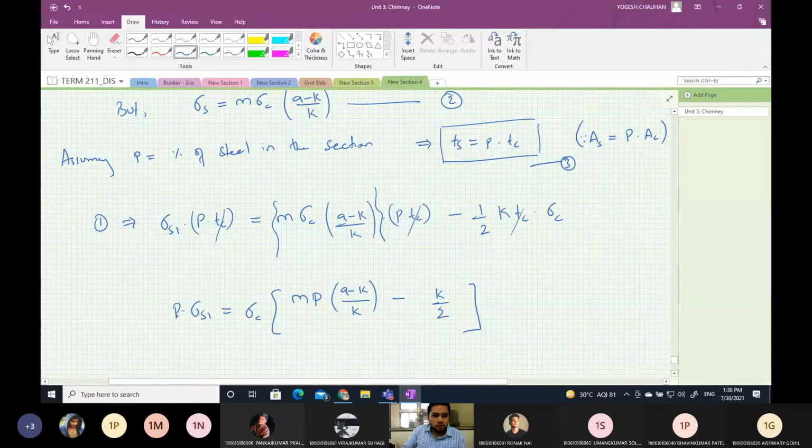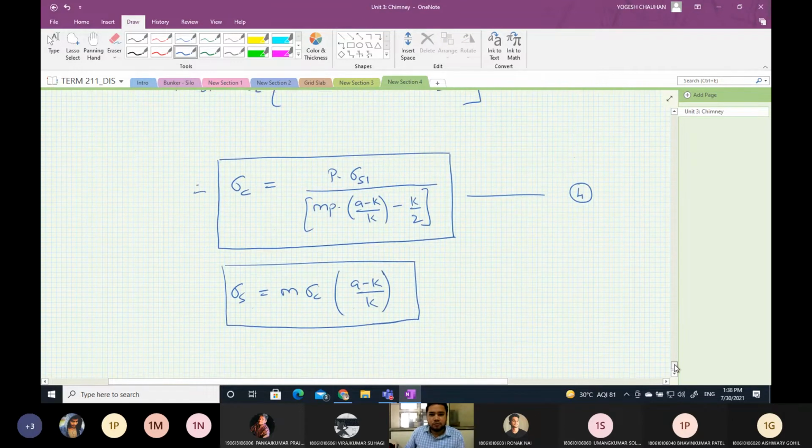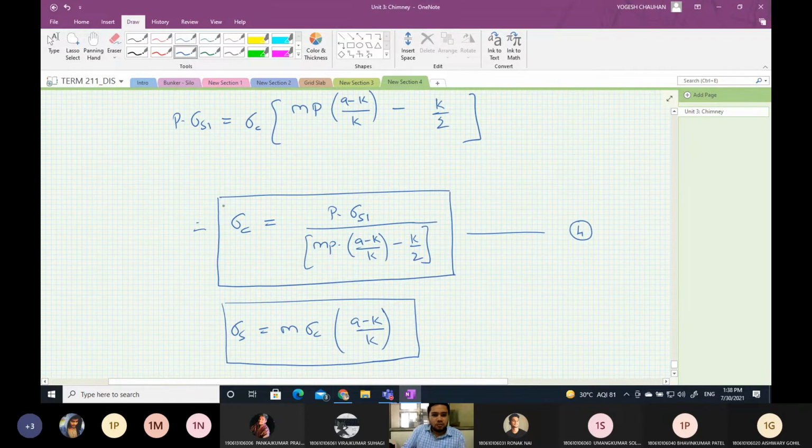Okay, so we cancel the terms containing Tc on both the sides. So we'll have P times sigma S1 equals to sigma C MP A minus K by K minus K by 2. So you can express this in terms of sigma C. So sigma C is equals to P times sigma S1 whole divided by MP A minus K by K minus K by 2.